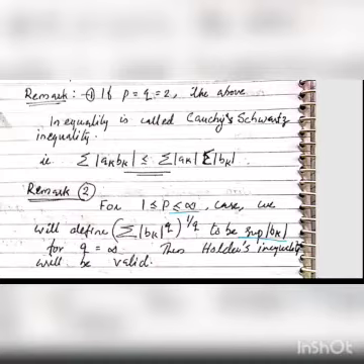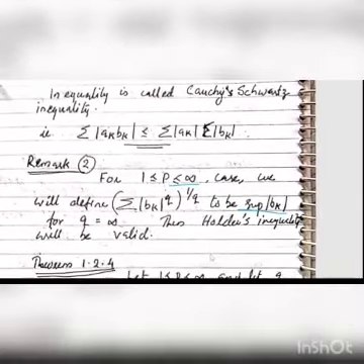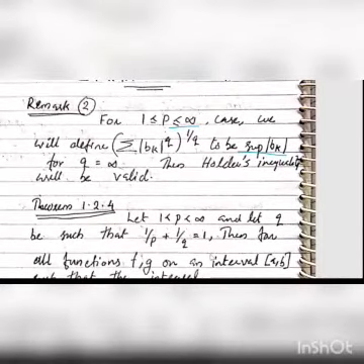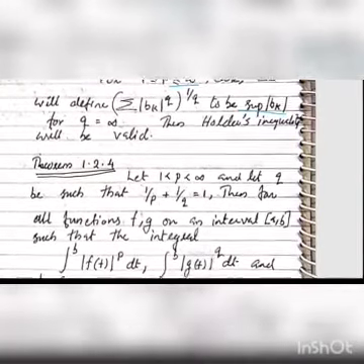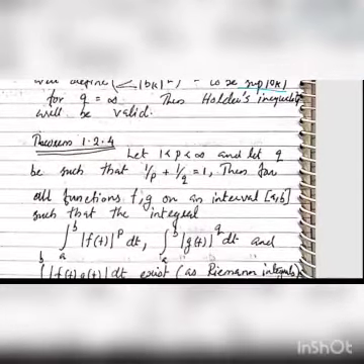Then also Holder's inequality will be valid, that we will see afterwards. Now I have said that Holder's inequality has got two forms. One is in summation form, another form is in integration. So here is the integration part.